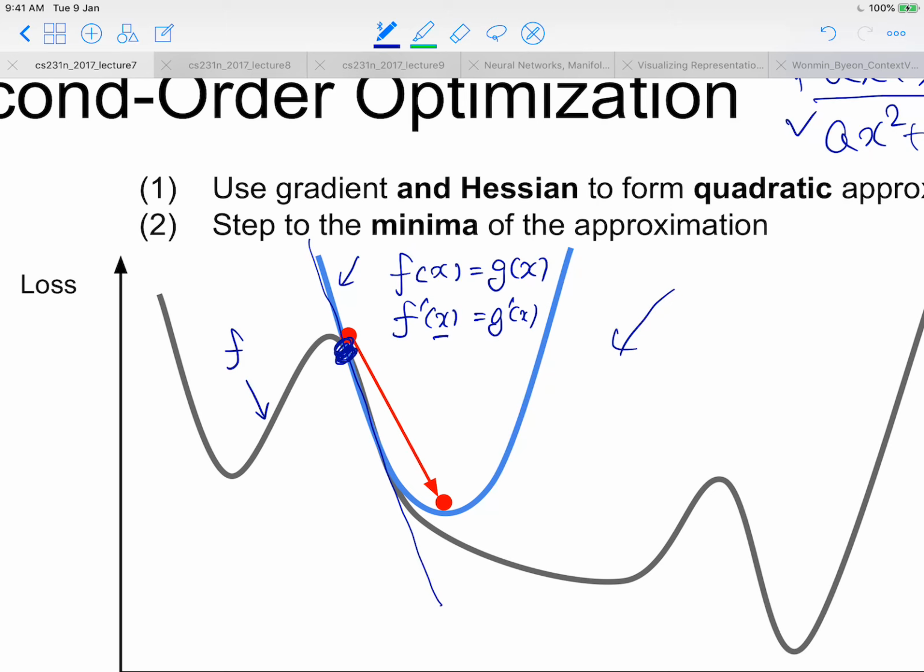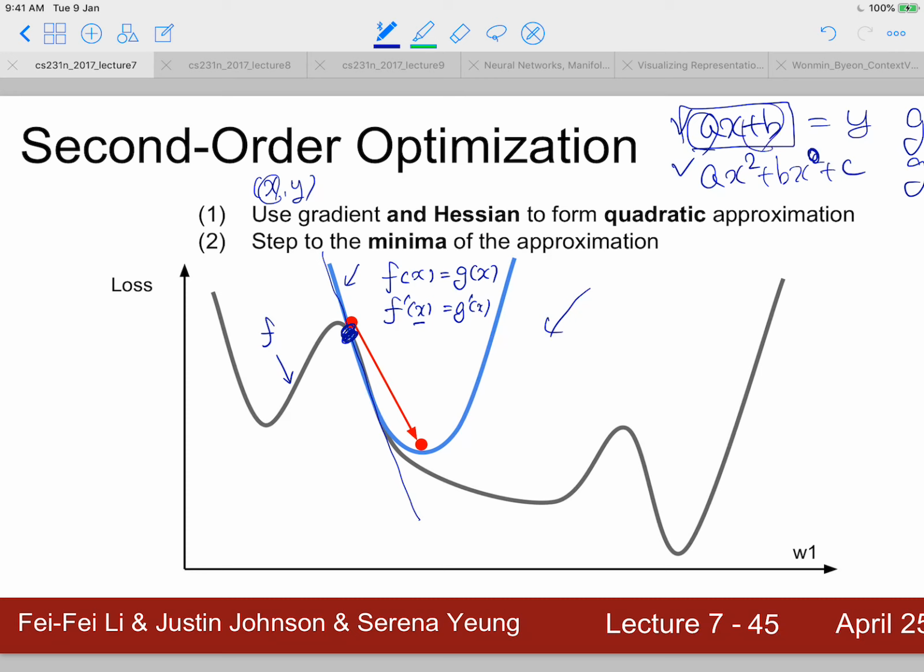So again, we start with the particular point x comma y, right? And then we find out this A and B by setting up these two equations. By satisfying these two equations, we find out this A and B. So this is the first order approximation, and this is basically done by this Taylor expansion.